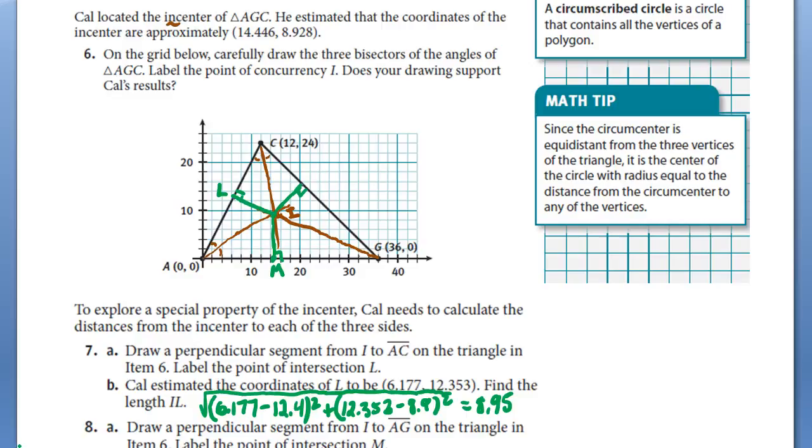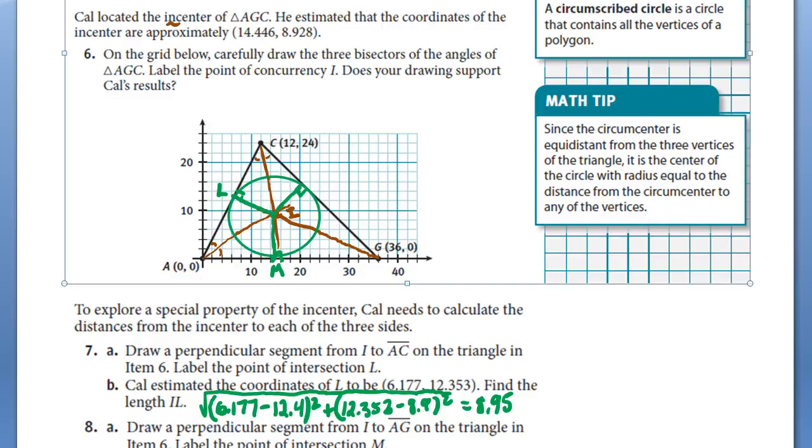It'll look something like this. And there's the circle in green. Notice that the circle is in the triangle, so it's an inscribed circle, not a circumscribed circle, and that the center of that circle is point I, the incenter. The word incenter means the center of an inscribed circle.